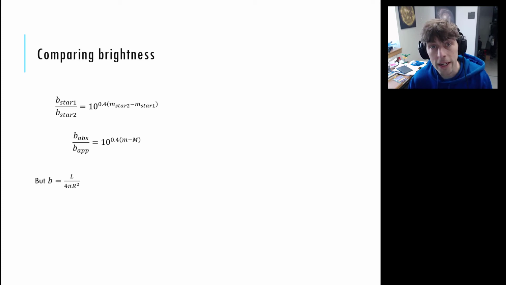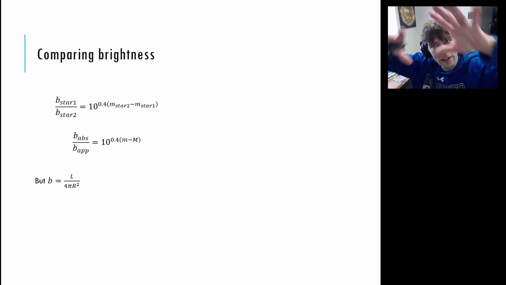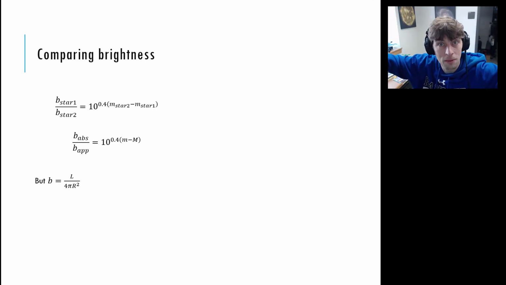We said that the brightness of an object, and right here I was thinking the apparent brightness, is the luminosity of the star divided by 4 pi r squared. Remember that 4 pi r squared is the surface area of a sphere that's centered around that star. And then r would be the radius of that sphere. Okay.